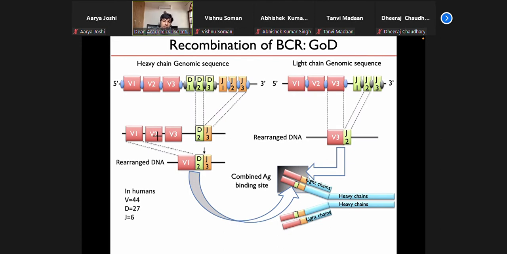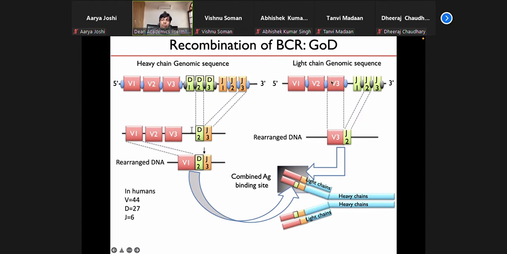Obviously, we are going to talk about this process in more detail, but this is to make it clear in a very simplistic form that these are the sequences that are going to happen. For heavy chain, first we have a D and J recombination. Following a successful D and J recombination, one of the V's combines to complete the rearrangement of this variable region in the heavy chain, which eventually will give rise to the VH portion.